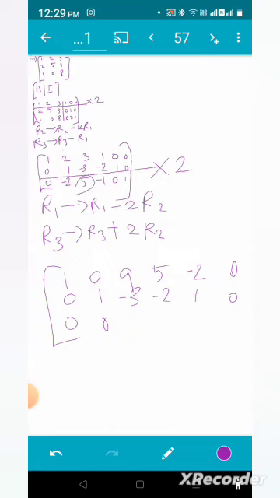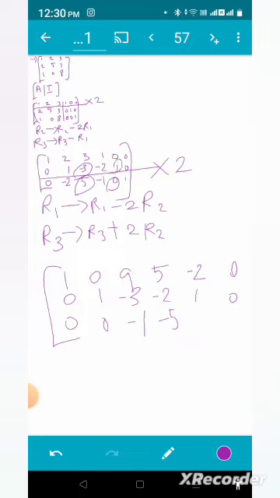Then 5 minus 6, that is minus 1 here. Then minus 1 minus 4, that is minus 5.